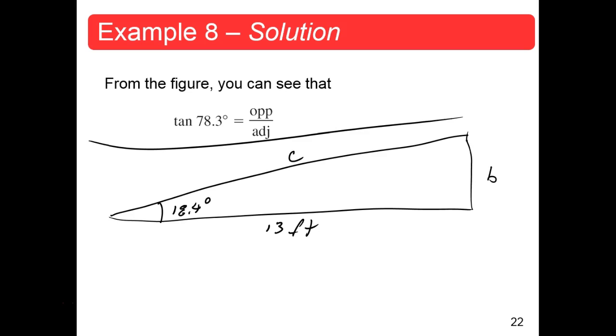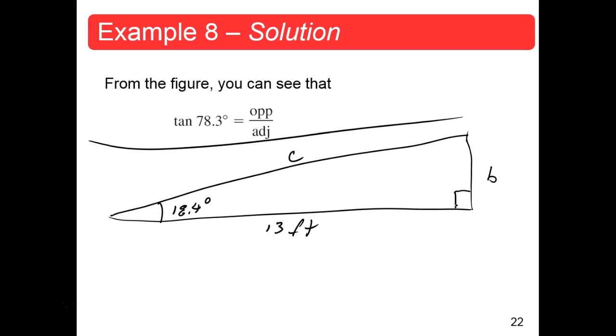How would you proceed? Good question to ask yourself. What trig relationship relates the angle over here? Oh, and by the way, the assumption here is you have built that square.